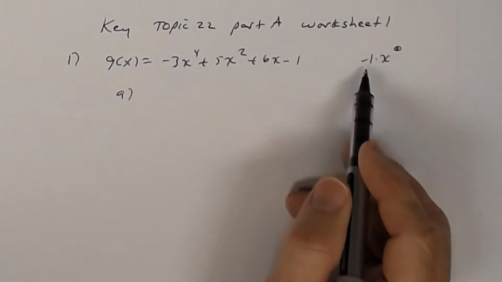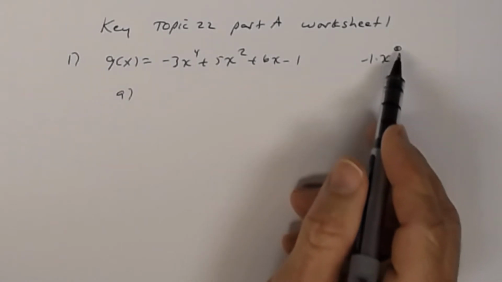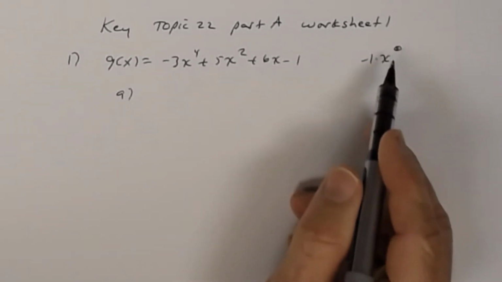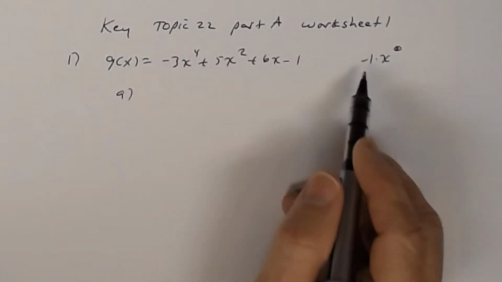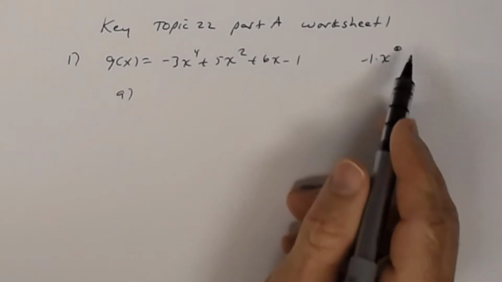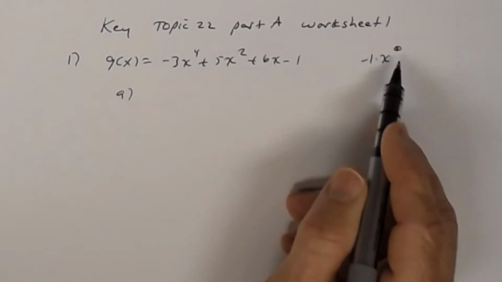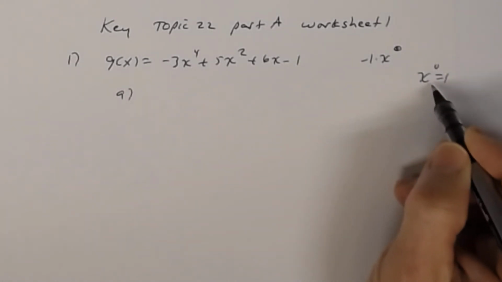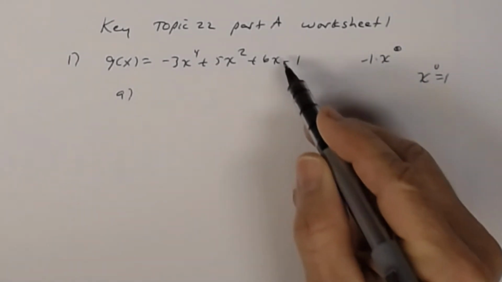The degree of this constant is 0, because you can rewrite it as negative 1 times x to the 0, and x to the 0 is 1. So remember, x to the 0 is 1. You learned that in a previous course. And then 1 times negative 1 is still negative 1.